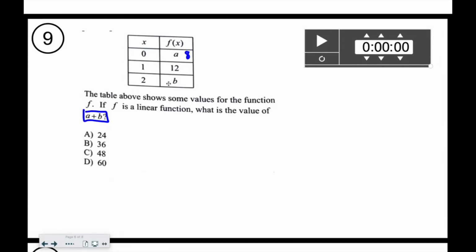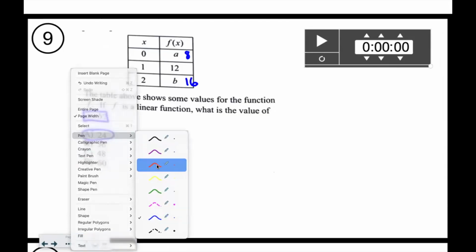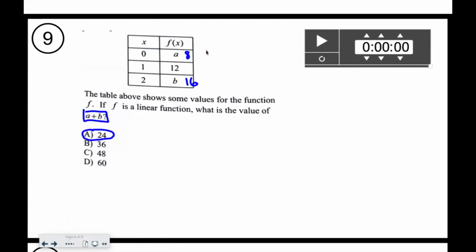And then I am not going to choose the Desmos way, because now all I need to do is find B. And again, it's linear, so there's a pattern. By me choosing 8, this is going up by 4, which would mean this is 16. And 8 plus 16 would be 24. And what you can see is if I picked different values, like let's say I picked 6, then it would be going up by 6, then it would be 18, but 6 plus 18 is still 24.